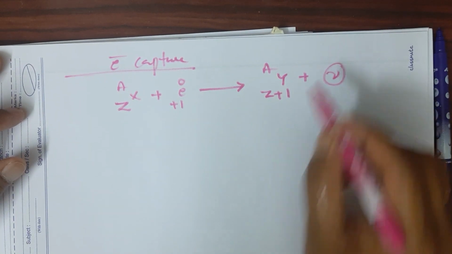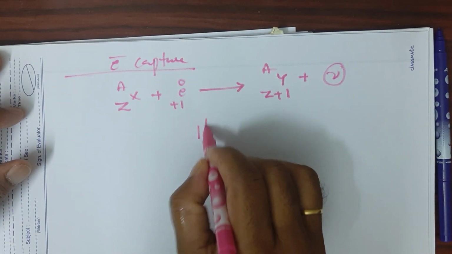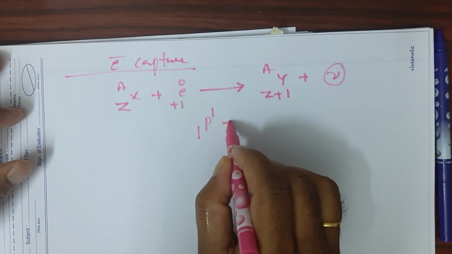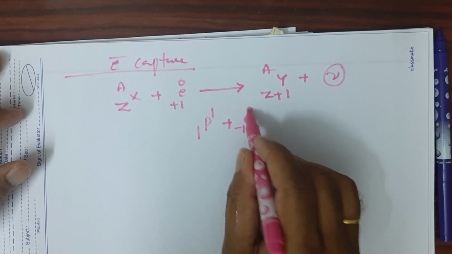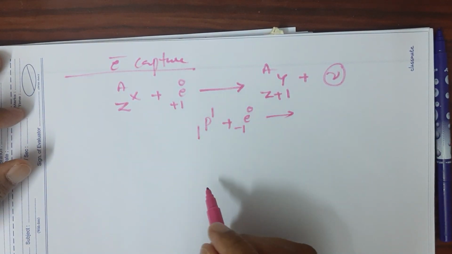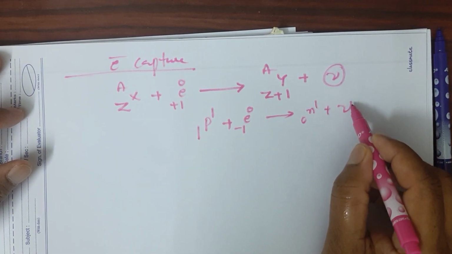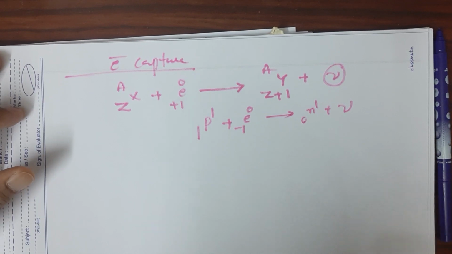This neutrino is neglected. Here the internal equation is proton plus electron in the K shell, captured by the proton inside the nucleus. Then it changes into a neutron, and a neutrino particle is emitted out.